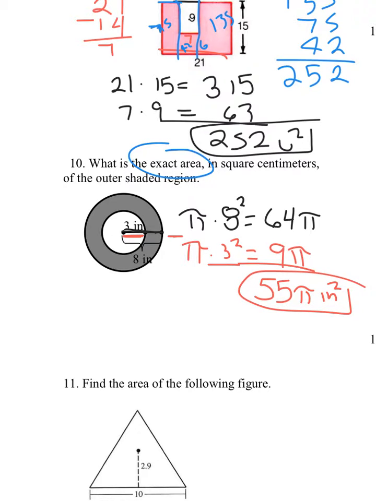So if the question's similar, you would do that. You wouldn't multiply the pi. You would make it a whole bunch easier. Otherwise, you actually multiply through the pi.